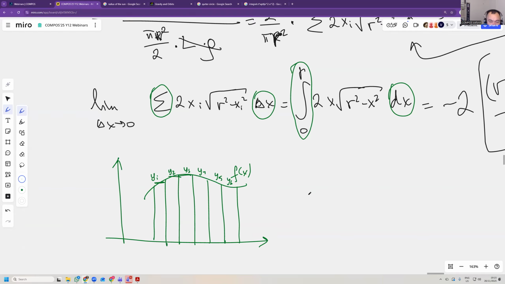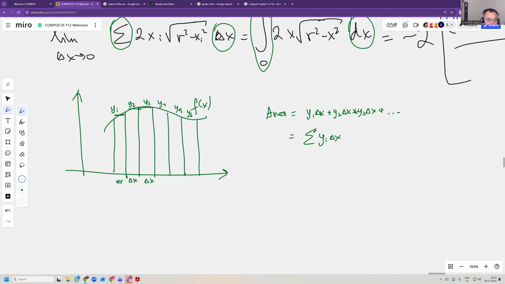So the area, and this is delta x, delta x, delta x. Area is y1 delta x plus y2 delta x plus y3 delta x plus etc., which is the same as the sum of yi delta x. So it's the sum of all y's delta x.